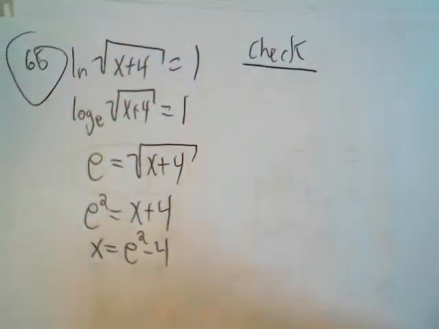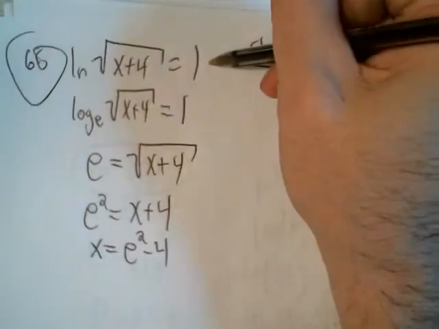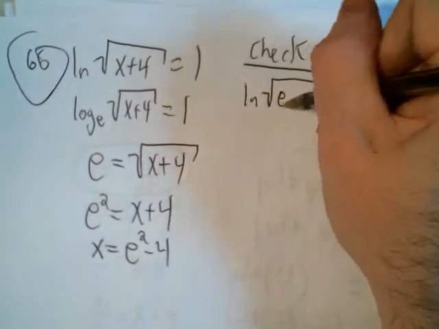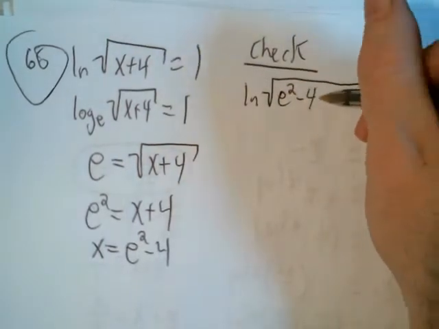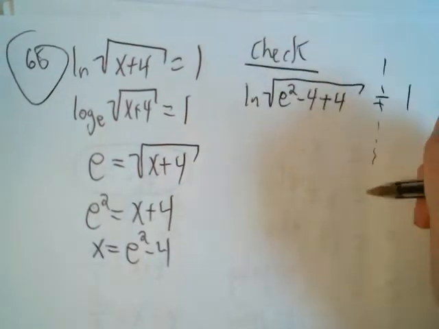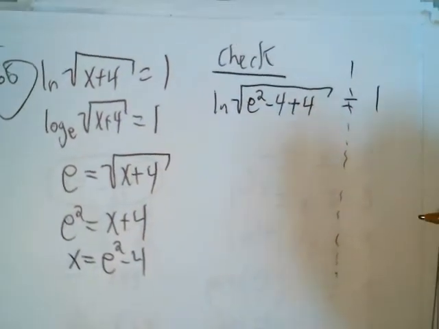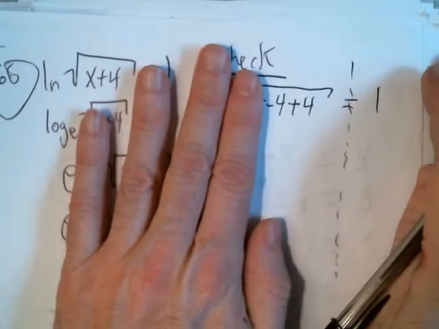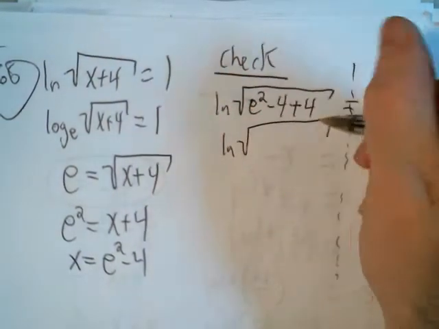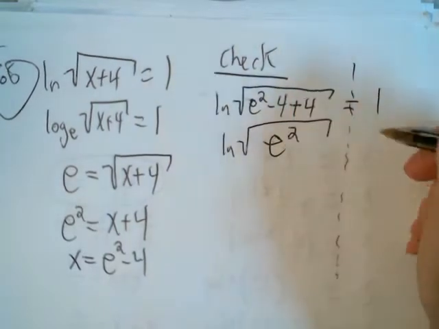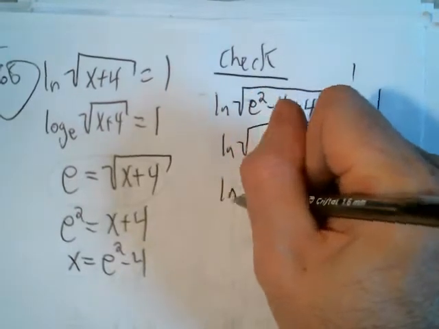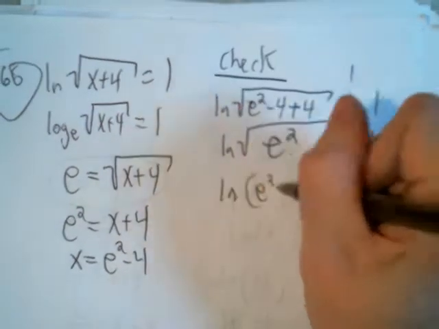Okay, so check. Go back to the original equation. So I have ln, and I'm plugging in e squared minus 4 for x. And then again, don't be messing around with either side. You keep them separated. So ln of the square root of e squared, minus 4 plus 4, is 0. And then this is the ln of e squared to the 1/2.